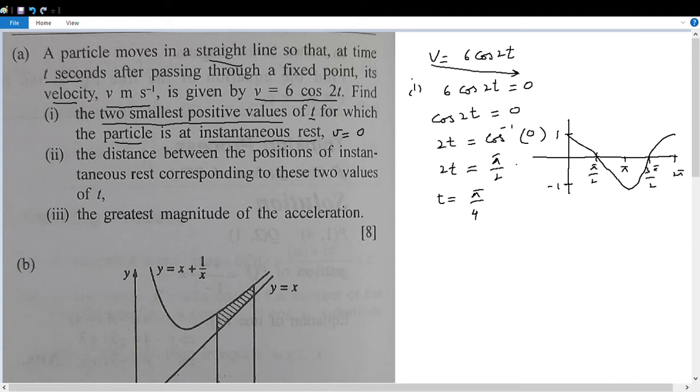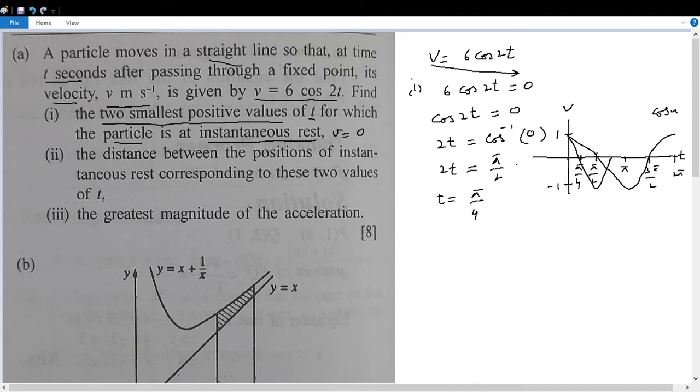This is the curve for cos x, but our function is cos 2t. So now the cycle will be 0 at half of this, that is pi over 4, and then at 90 it will reach -1, and from here it will move upward again. Because instantaneously at rest, this is the t axis and this is v, whenever v is 0 it is on the t axis.